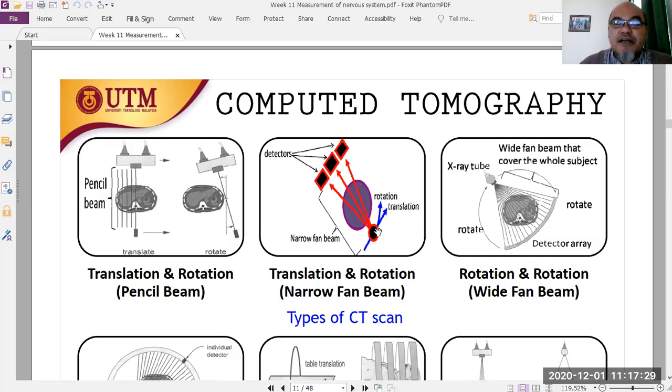If we use a narrow fan beam, then in a pencil beam it's just one single straight line, while in a narrow fan beam, this is the source, and the source gives lines that spread at a certain angle. It could also be a wide fan beam when the angle of spread of the X-ray beam is wider.